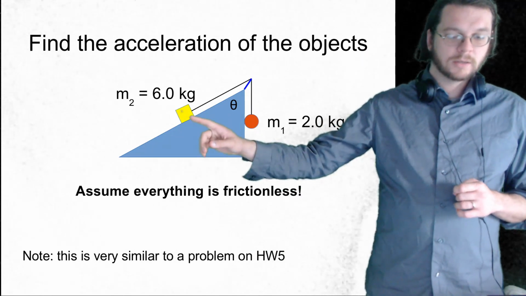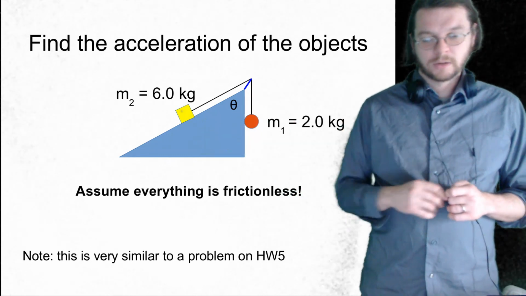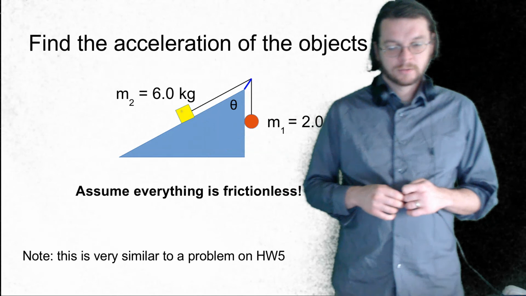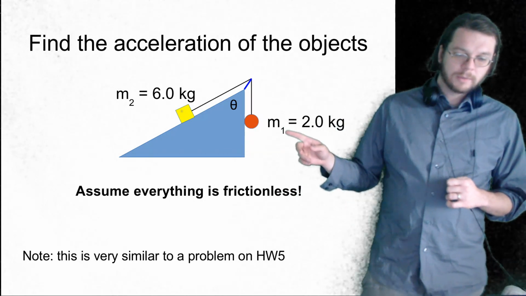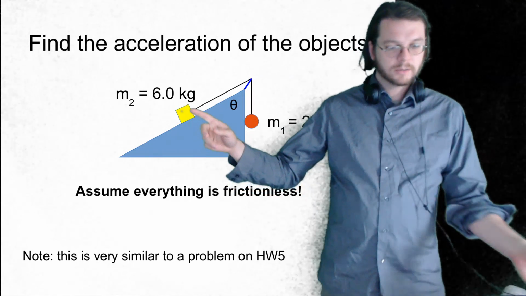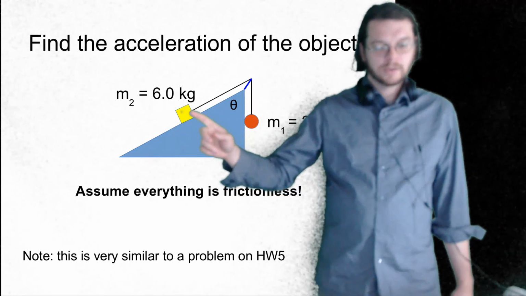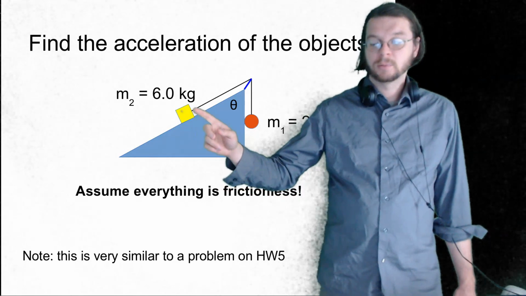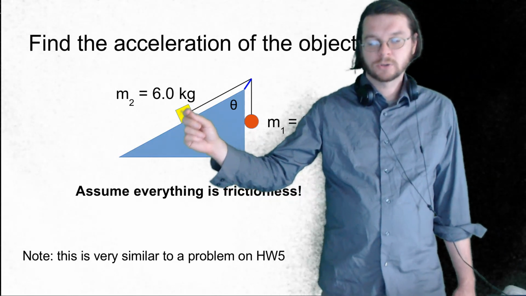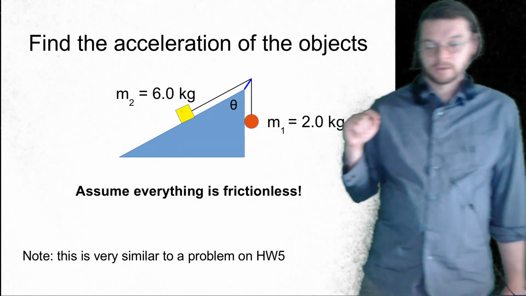The idea is that you've got a block here that is connected with a string to this other object. The dilemma is that this block is more massive than this other block, so maybe there's an argument that this thing should slide down the ramp. That's tempting to conclude.